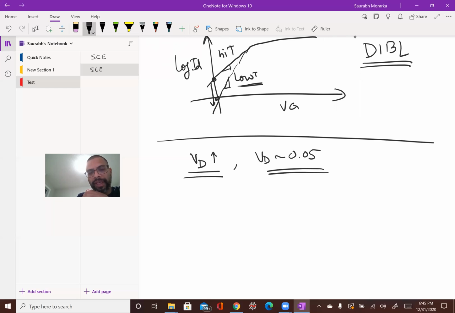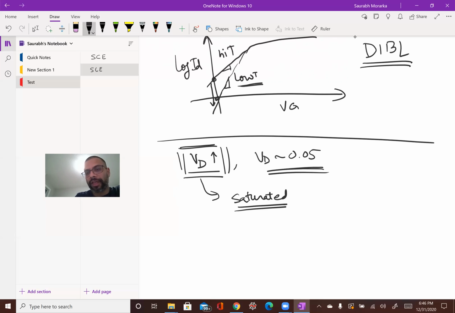And this is what makes them even more impactful because the high drain voltage is when the device is saturated, and the channel part matters more. And when the channel part matters more, the short channel effects also are bad. So they end up making the overall device much worse.